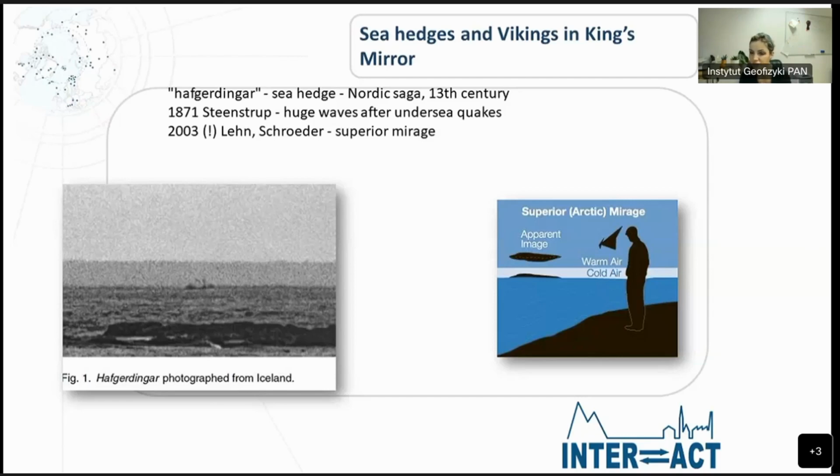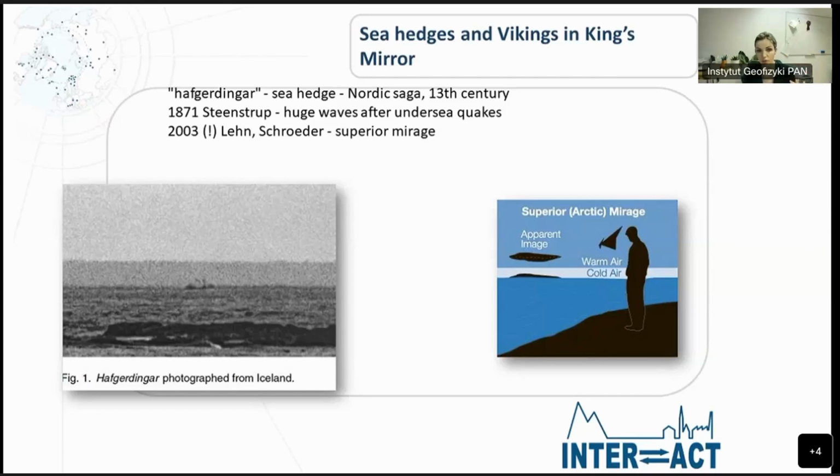They differ a little bit from those that we encounter in the desert, because desert mirages are upside down and are actually lower than the original object. So you observe the oasis, but it's upside down, so the palms are upside down. And this phenomenon, like Havgerdingar, presents the object as it is, without being upside down, and it appears to be much higher to the observer than the actual original object, because these are not total illusions.